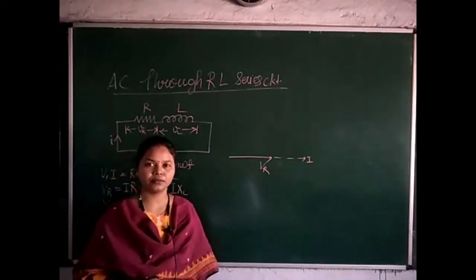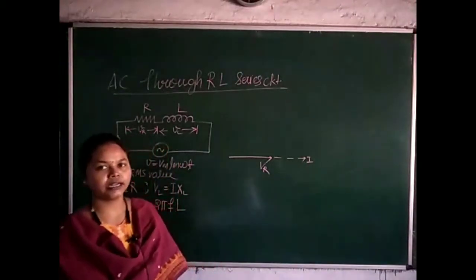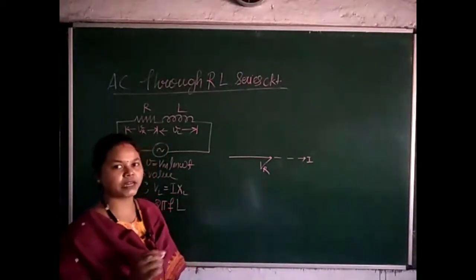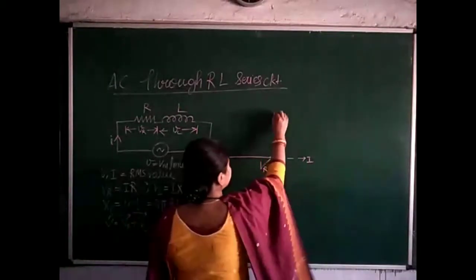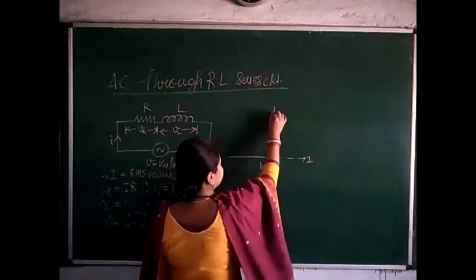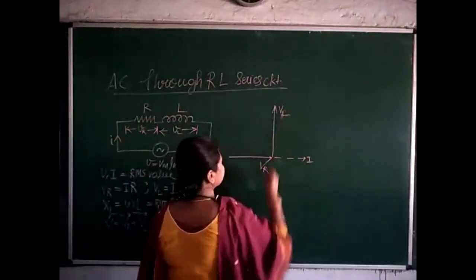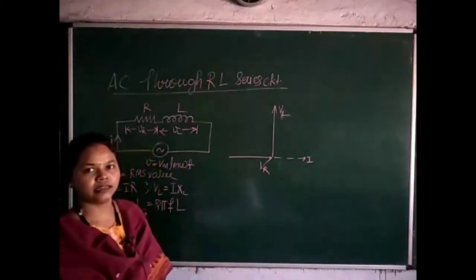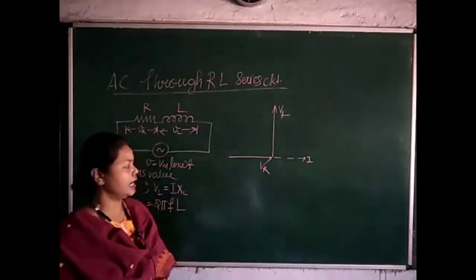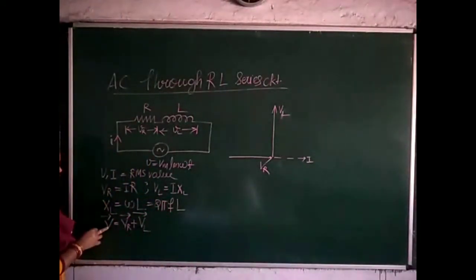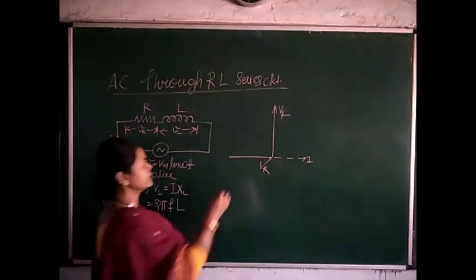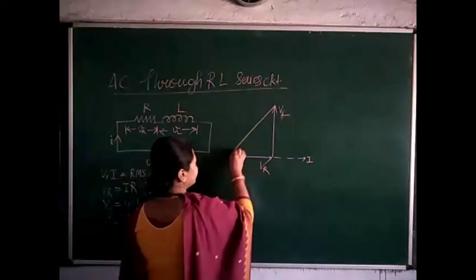You have studied this in the purely inductive circuit when AC supply is given. So I draw the phasor for VL here. That is the voltage across the inductor. And finally you get the vector sum of VR and VL, which gives V, the supply voltage.